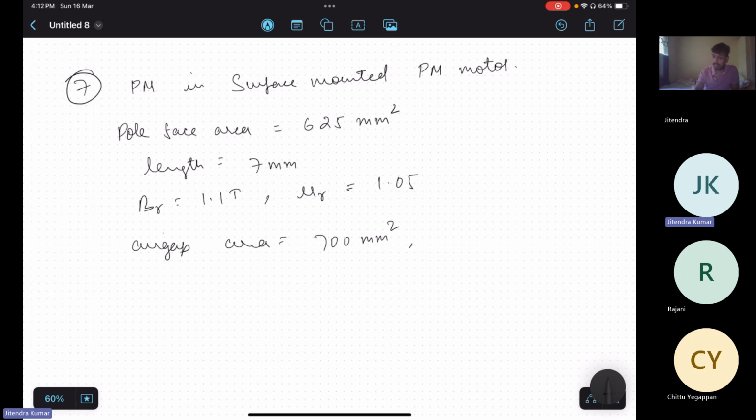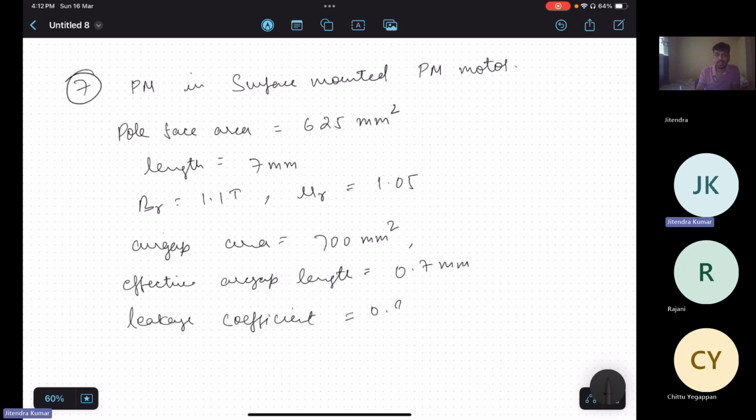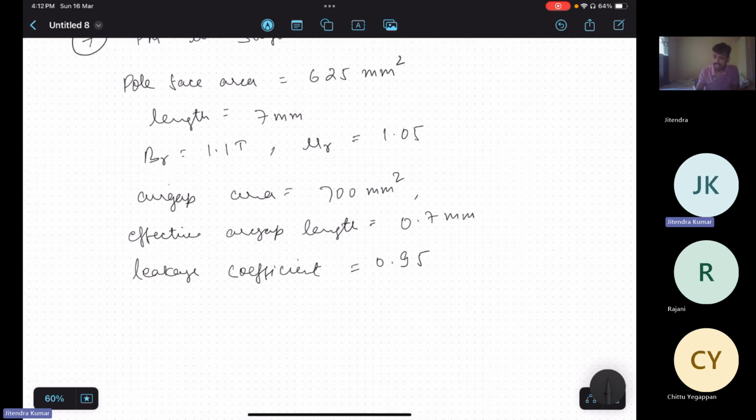The effective air gap length is 0.7 mm. The leakage coefficient is 0.9. Now we have to calculate the internal magnet permeance.